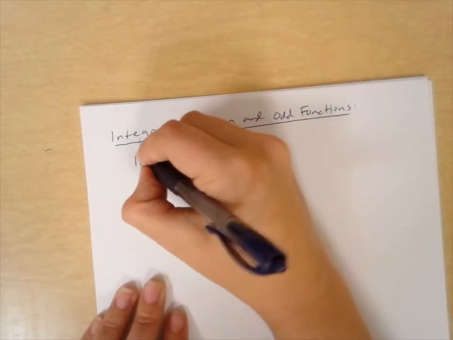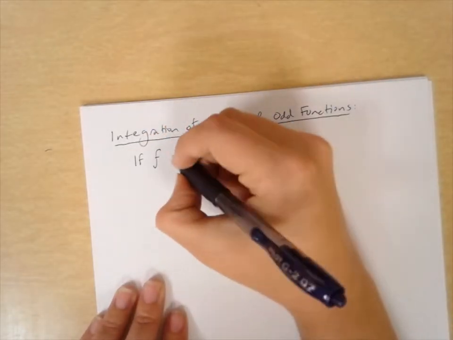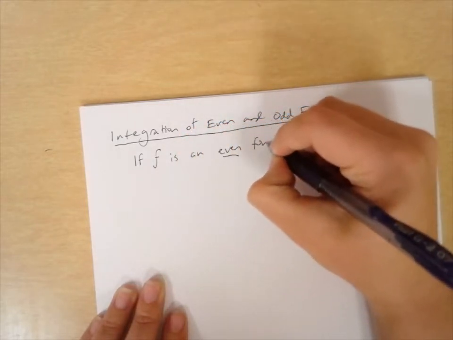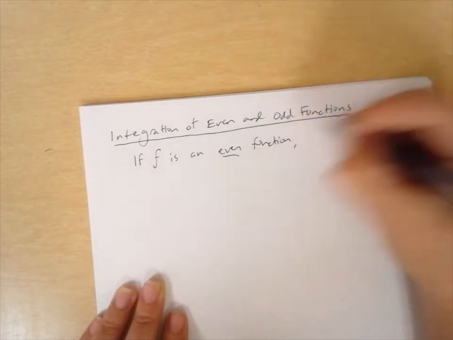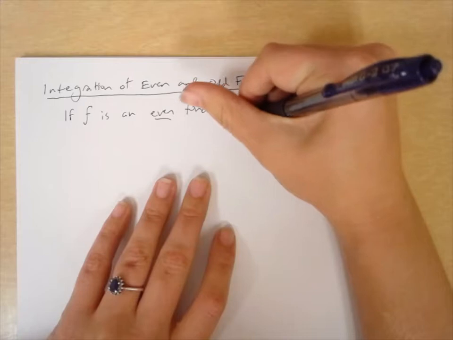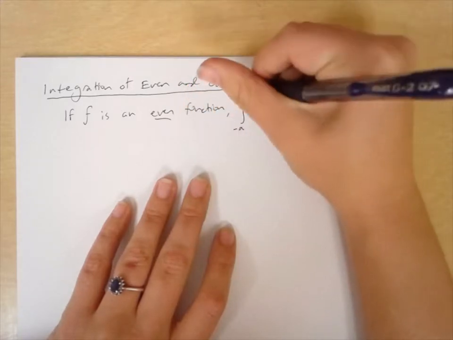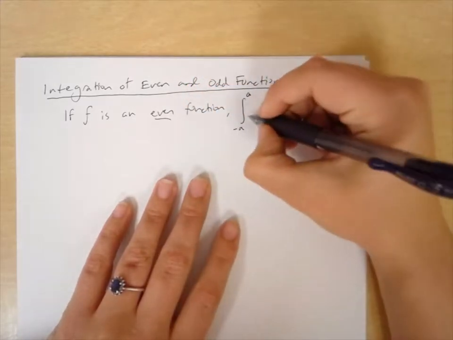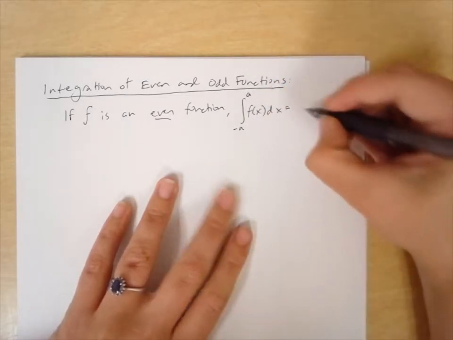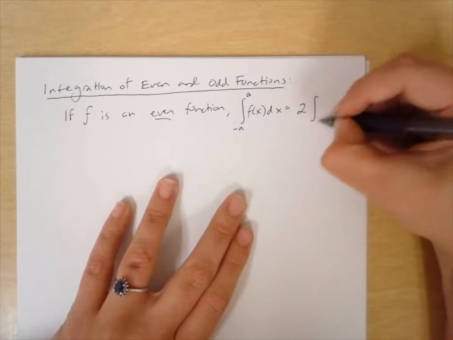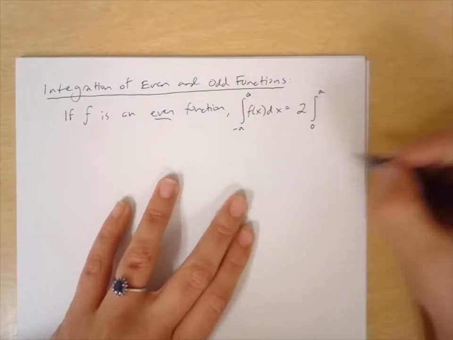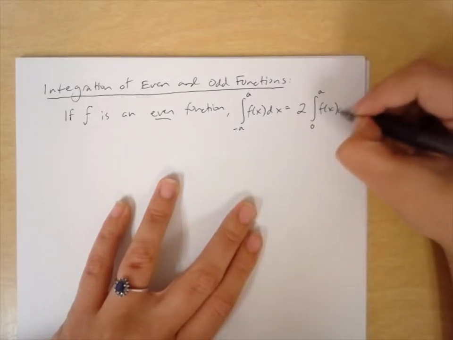In short, if your fancy f is an even function, then we can say the following things. The integral from a negative value a to that same positive value a of f of x is equal to double of that integral from 0 to the positive value, f of x dx.